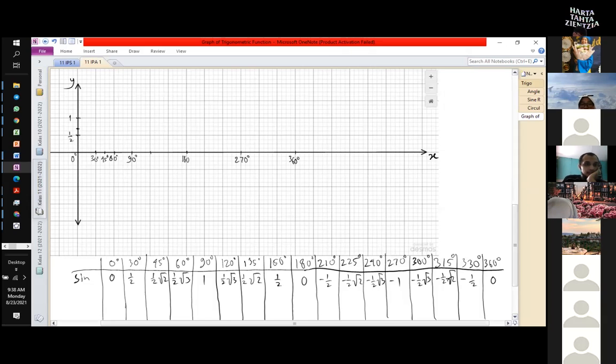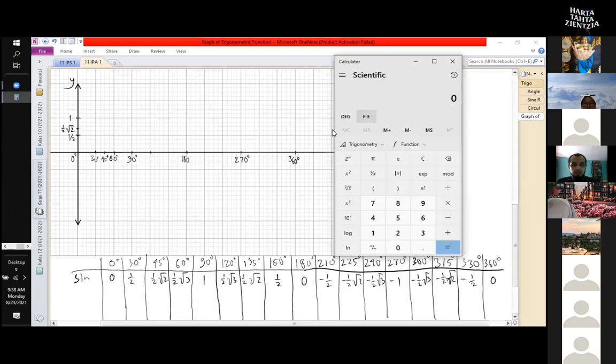Nah, ini setengah akar 2. Sekitar sini gitu ya, dan mau nggak mau kita perkirakan sesuai kemampuan kita saja. Nah, setengah akar 3 gimana? Ya sama caranya. Setengah akar 3 itu berarti akar 3 bagi 2 itu 0,86 ya, 87, jadi sekitar di tengah-tengahnya sini.